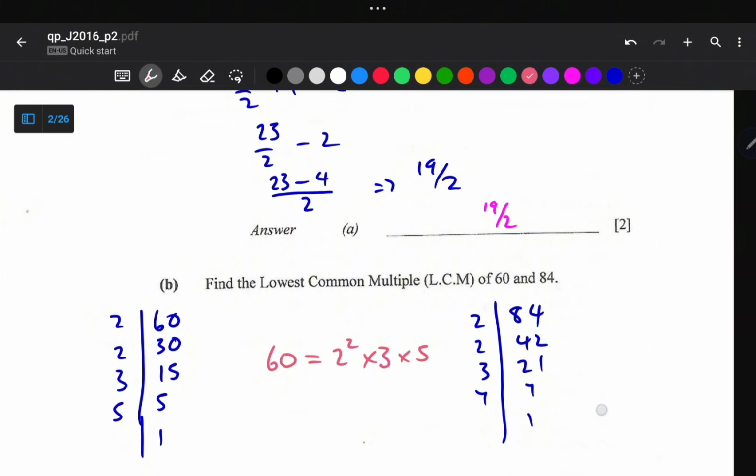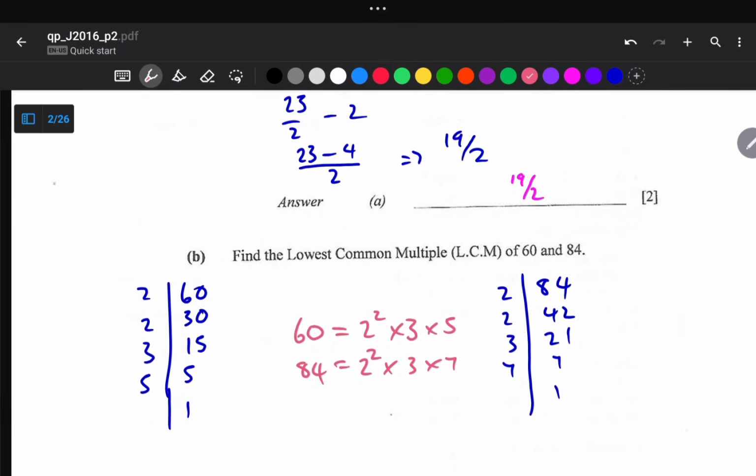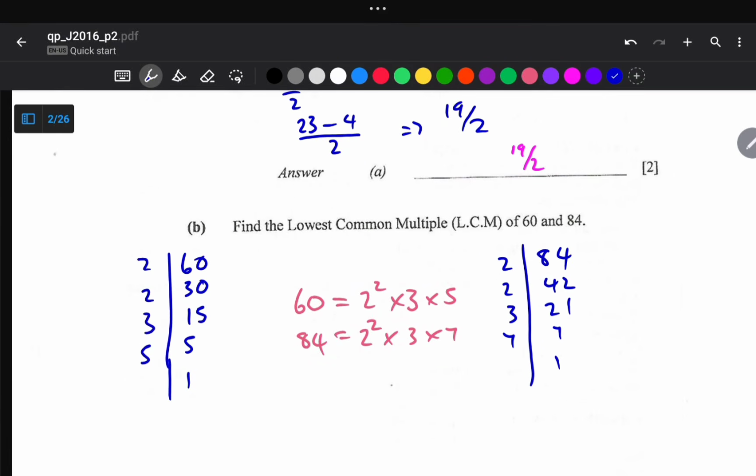So 84 is now equal to 2 squared multiplied by 3 multiplied by 7. So the LCM, the lowest common multiple, is equal to the highest power of 2, and that of 3, and that of 5 and 7. So for 2, it is 2 to the power 2 multiplied by 3 multiplied by 5 multiplied by 7.